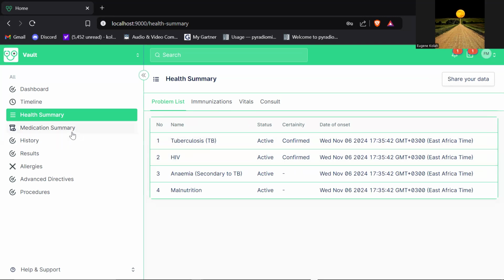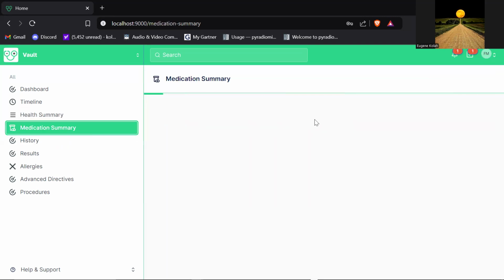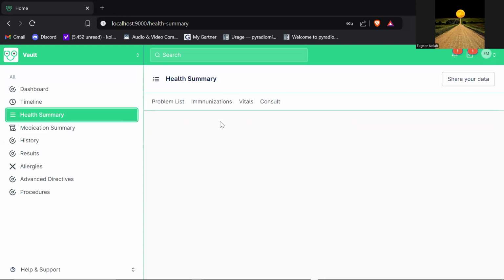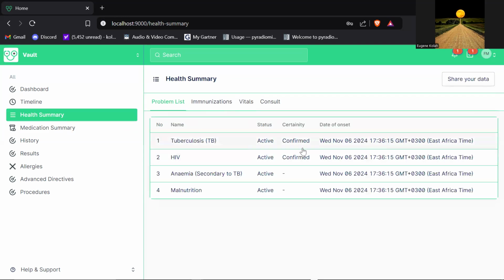When you come to the medication summary, and here on the health summary, the way we are storing this data is using majorly SNOMED codes, and that makes it even simpler when you are talking of sharing it across systems and solutions that are based on openEHR.